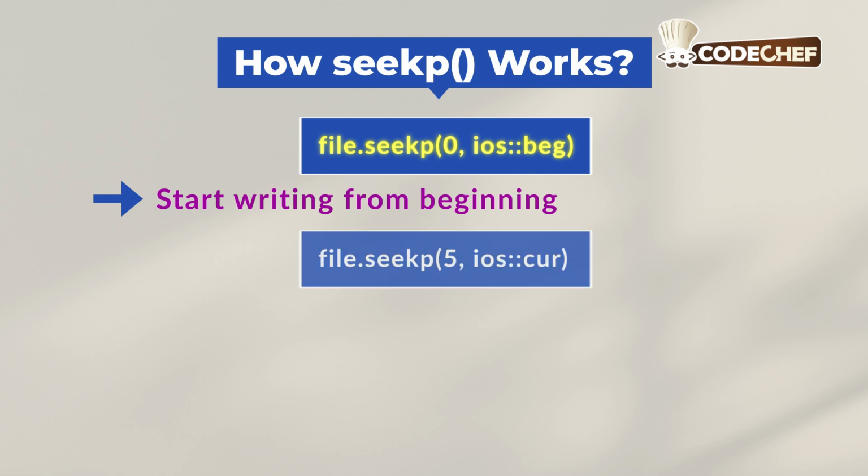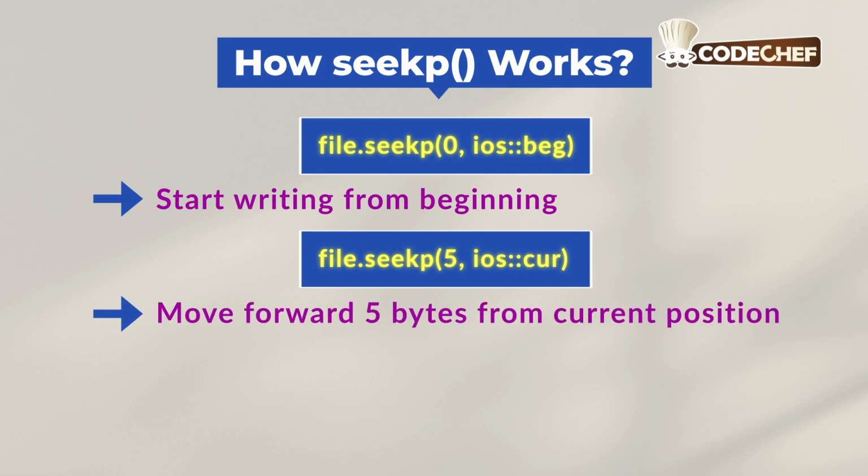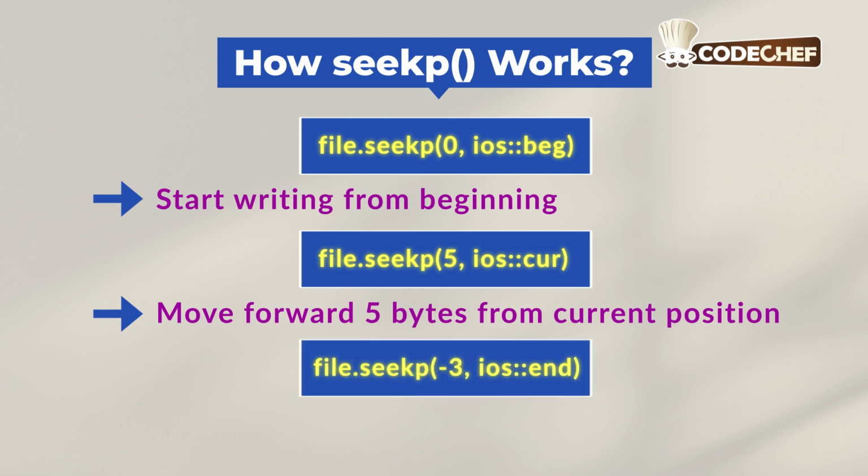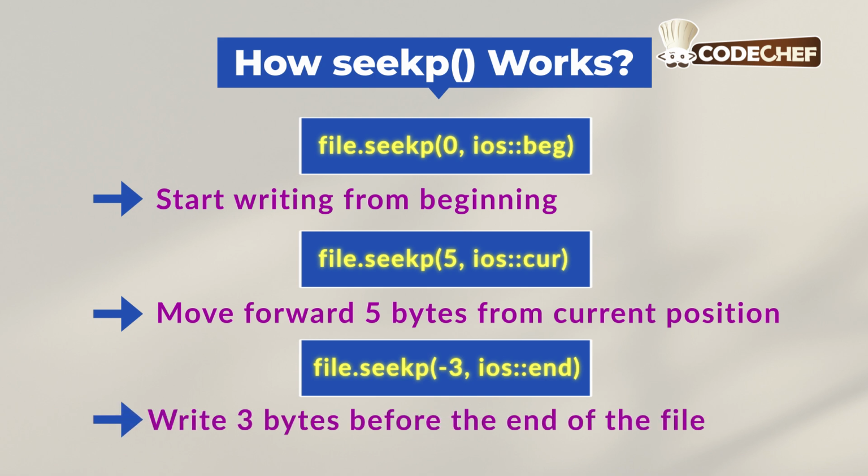Then file.seekp(5, ios::cur) moves forward 5 bytes from the current position and then starts writing. Then last is file.seekp(-3, ios::end), so it writes 3 bytes before the end of the file.